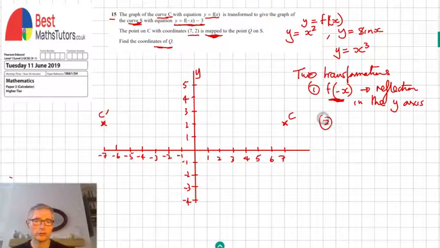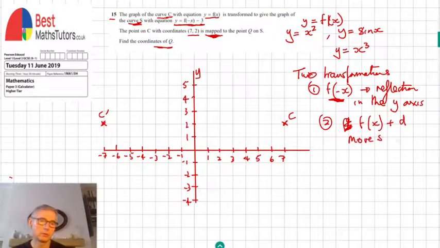Our second transformation is this: if we have an original function and then we add something to it, so I'm going to say plus d, where d could be a number, then this would move us by d in the y-axis.